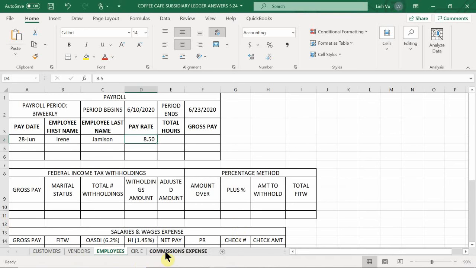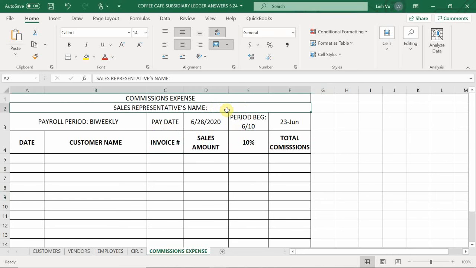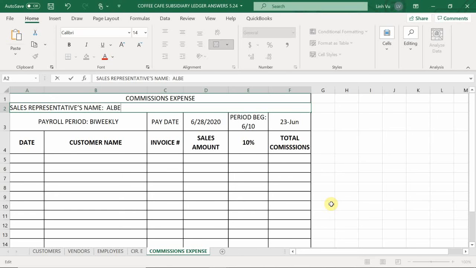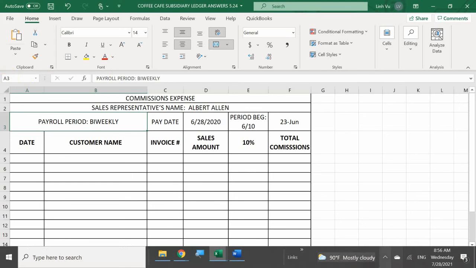However, we are paying him based on commissions. So we have a commissions worksheet right here. And this person's name is Albert Allen, and their only job is to collect 10% of sales. So the more he sells, the more money he'll make. The less he sells, the less money he'll make. So here, nothing that we need to add.